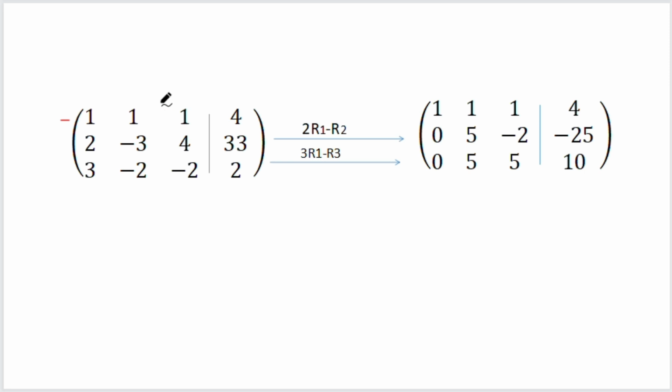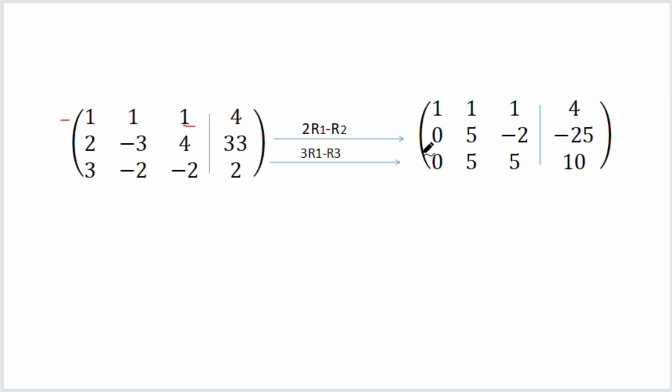Again, 2 times 1 is 2, minus a negative 3, which will be a 5. I write the 5 there in the corresponding place. Then 2 times 1 is 2, minus 4, which gives a negative 2.